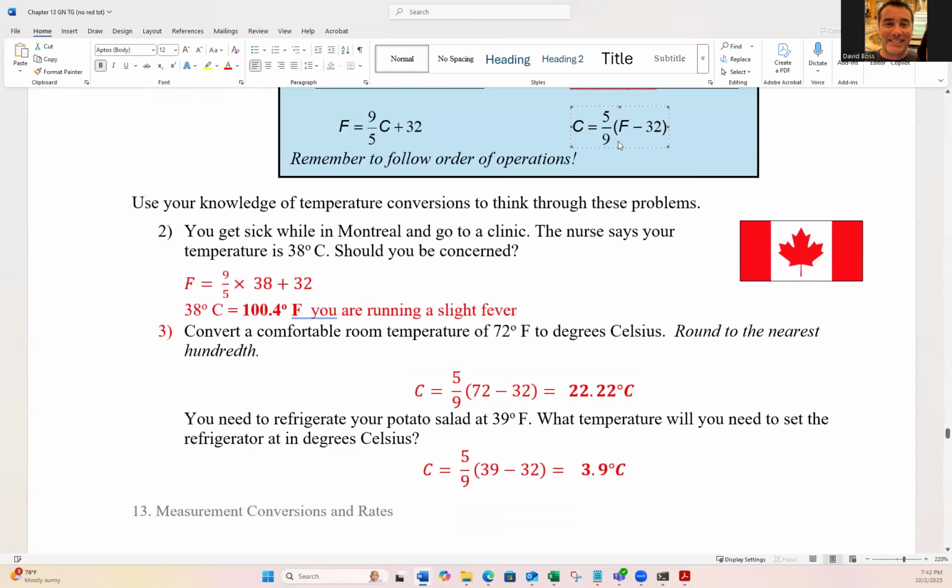Plug in 39 for F, run that into your calculator. You get 3.9 degrees Celsius. When you punch these in your calculator, make sure you use parentheses because the calculator has a specific order of operations. And if you do not do it in the right order, you may end up in trouble.